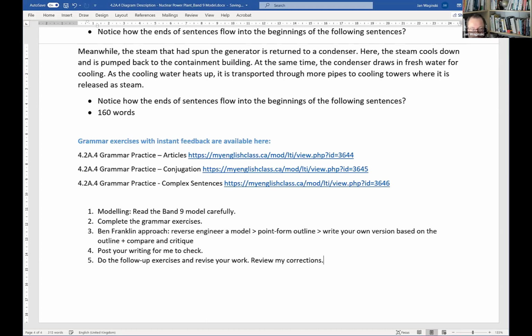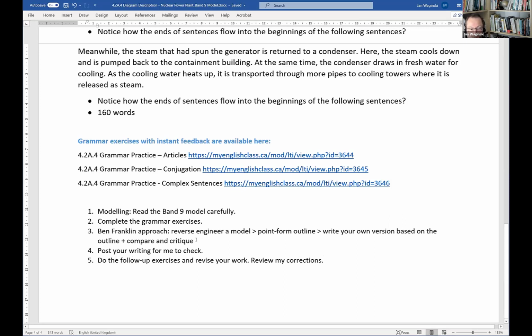Okay. So by this point, you have read and analyzed that original model how many times? Once, 3 times in step 2, the 5th time for step 3, and then you've done your own version a couple times.